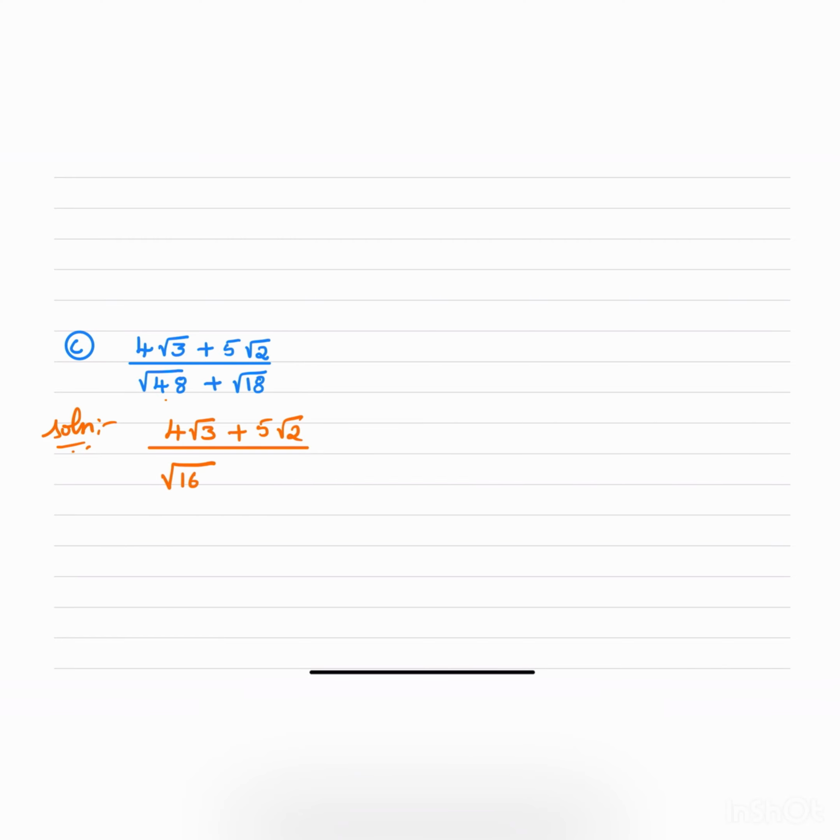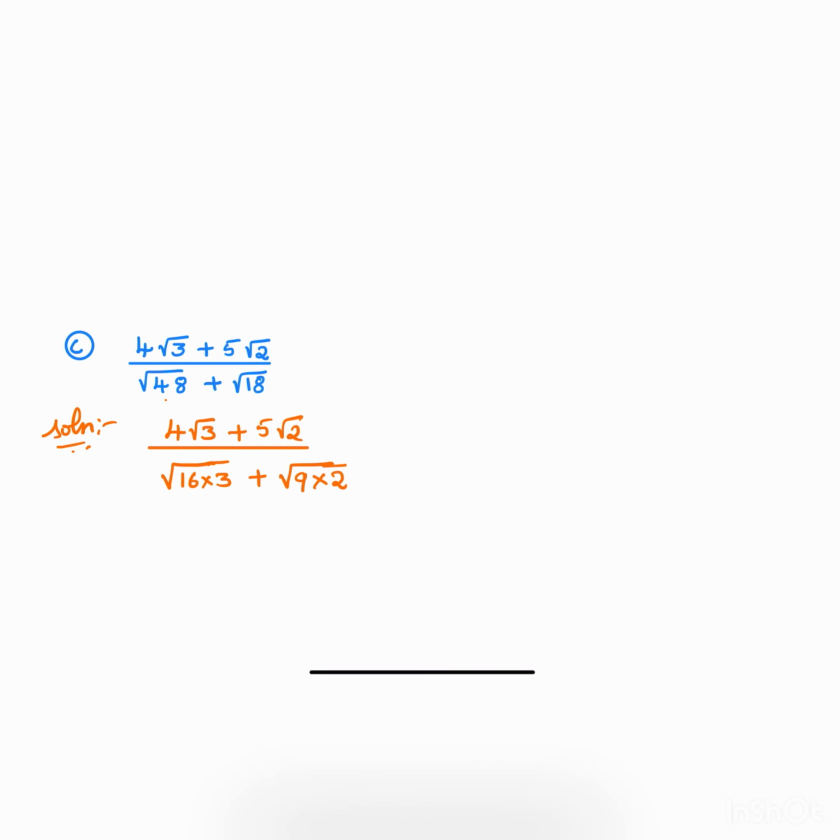We can write 16 times 3. 16 is a perfect square number, and 3 is not a perfect square number. In the same way, 18 is 9 times 2, where 9 is a perfect square number and 2 is a non-perfect square number. And now we will have 4 root 3 plus 5 root 2 divided by 4 root 3 plus 3 root 2.